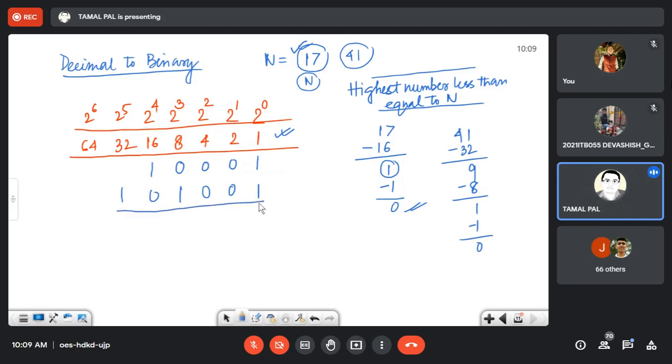Let us check if it is equivalent to 41 or not. I think it is 41. But do not apply this rule to the rest of the number systems, as it may not work properly. If you are asked to convert a number from decimal to binary, you do not use this, because this is just for getting quick results.